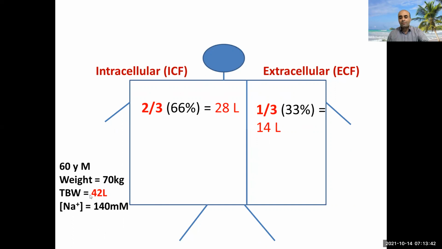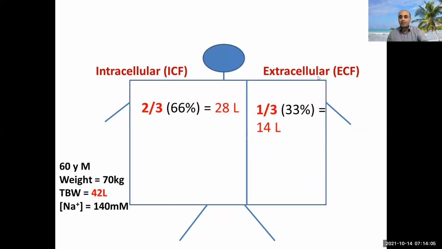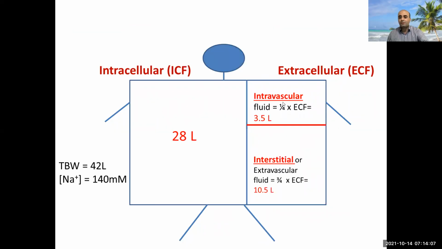And you know, sodium is mainly in the extracellular fluid compartment. And we divide this 42 liters, 2/3 intracellular fluid compartment and 1/3 present in extracellular fluid compartment. Just to remind you, this extracellular fluid compartment includes intravascular and interstitial.